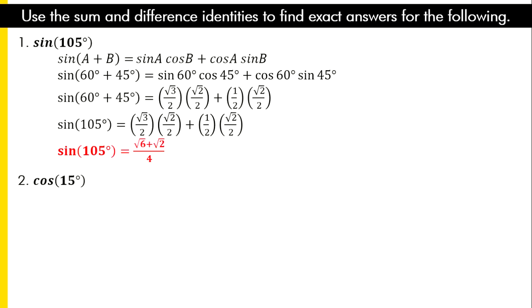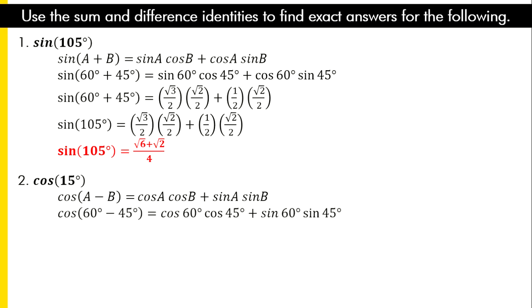Cosine 15 degrees. In this case, let's again use 60 and 45 degrees, with the difference identity for the cosine, so we have the operation of plus. As we substitute 60 degrees and 45 degrees, that's 15 degrees, obviously. Cosine 60 degrees is 1 half.